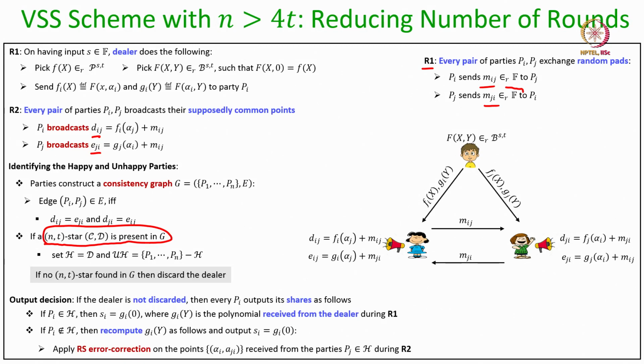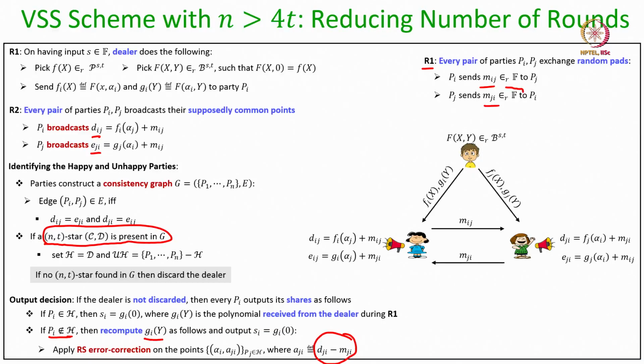Then we check whether a star is present. If the star is not present, then we discard the dealer, otherwise we continue the protocol, and every party Pi who is not part of the happy set needs the AGI values to apply the Reed-Solomon error correction process for recomputing its column polynomial. The AGI values are obtained by unmasking the pads from the publicly available OTP encryptions.